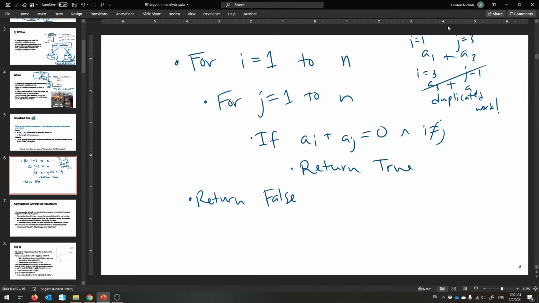So maybe let's keep the idea where the I variable is holding the smaller one, because whenever we try it again, I is bigger than j. Let's just make sure that I is smaller than j, and that'll make it so that we don't duplicate our work.